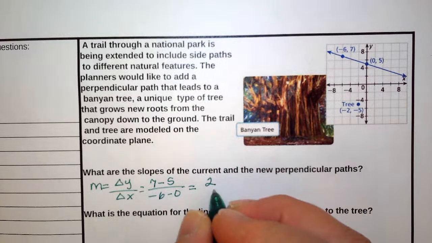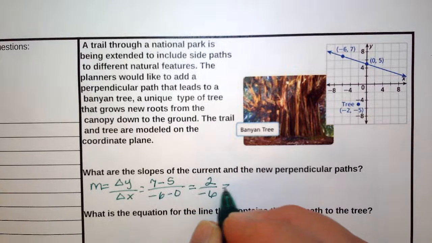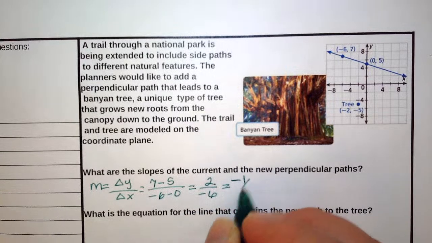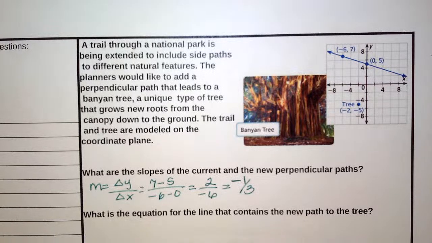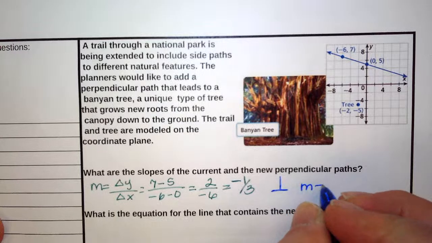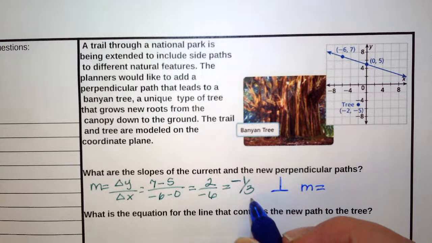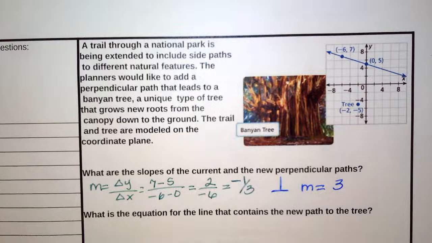Negative 6 minus 0 is negative 6. So the first slope would be negative 1 over 3. To be perpendicular, your m will equal the opposite of negative, which is positive. The reciprocal of 1/3 is 3.